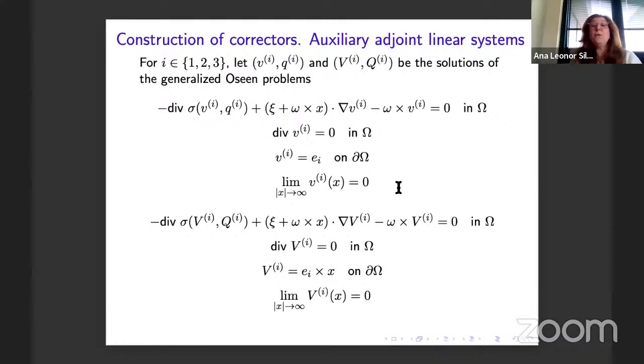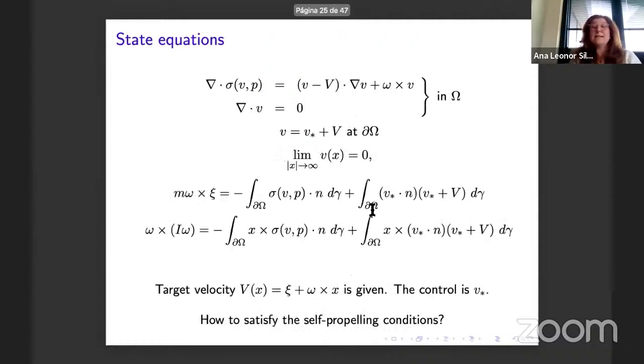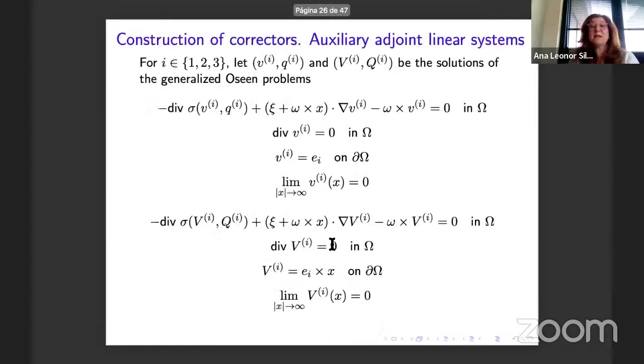How are we going to do this? We are going to introduce a finite dimensional control space, which has dimension 6, which is exactly the number of equations that we have here. And let's see how we construct the basis of this finite dimensional space.